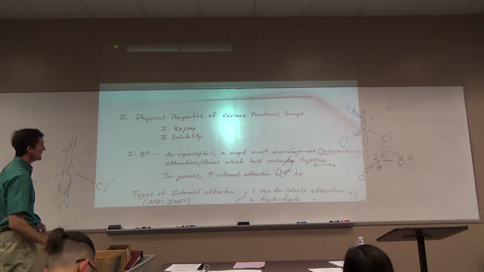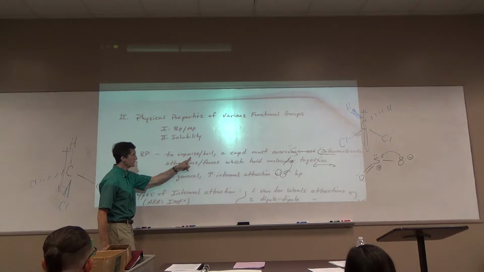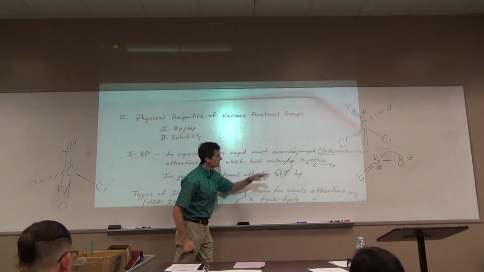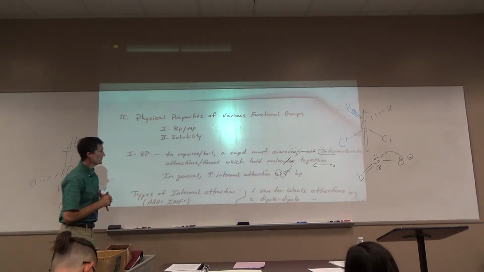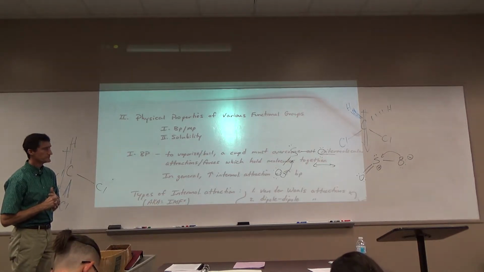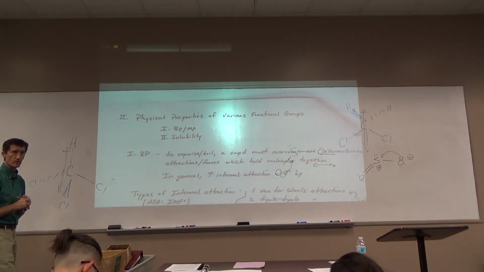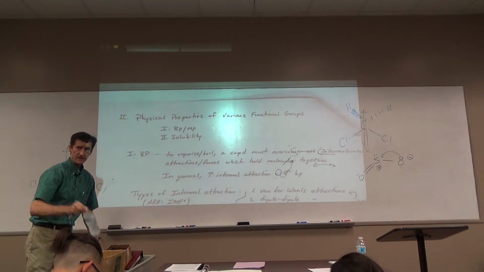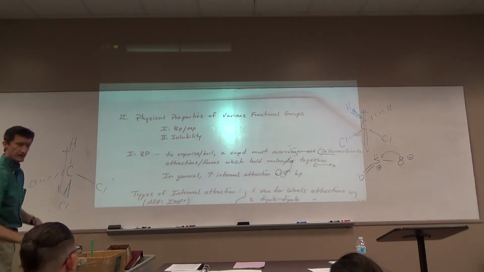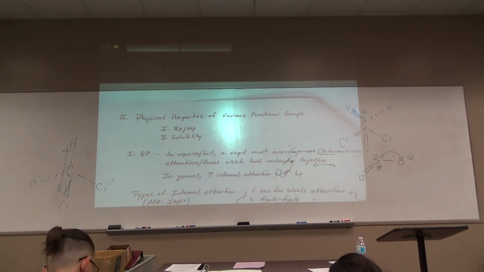Okay, boiling point. To get a compound to boil or to vaporize, we must overcome all intermolecular attractions, which hold the molecules together. If I have molecules in a flask or something, they're interacting with each other by some type of intermolecular forces, IMFs.